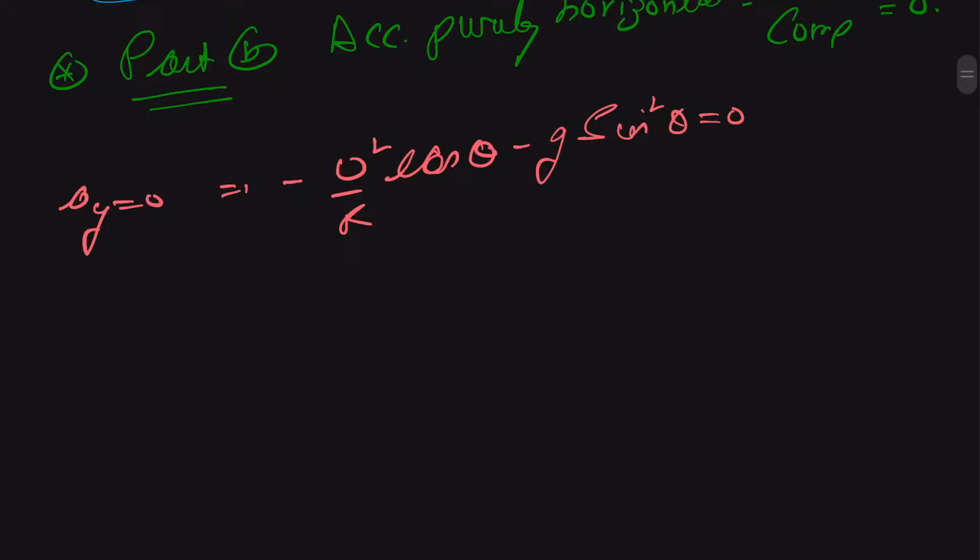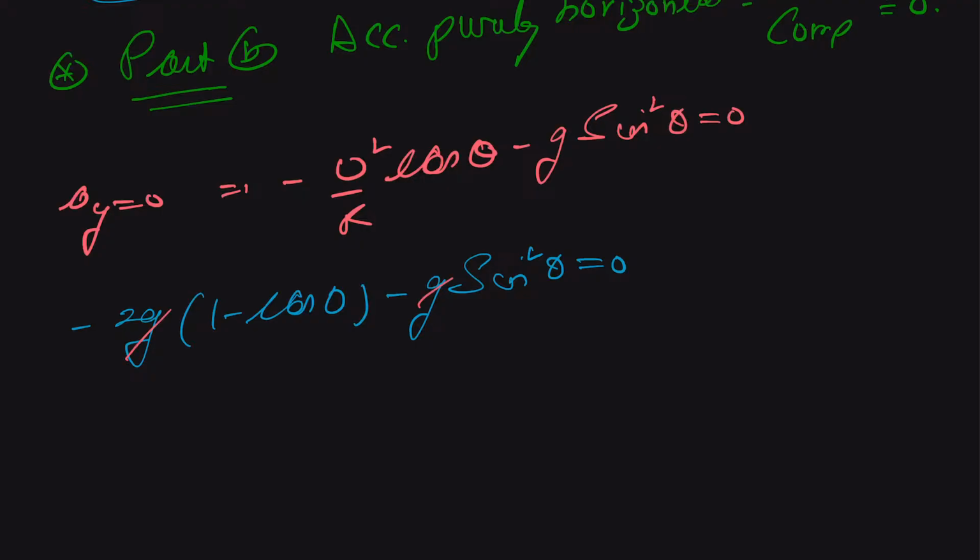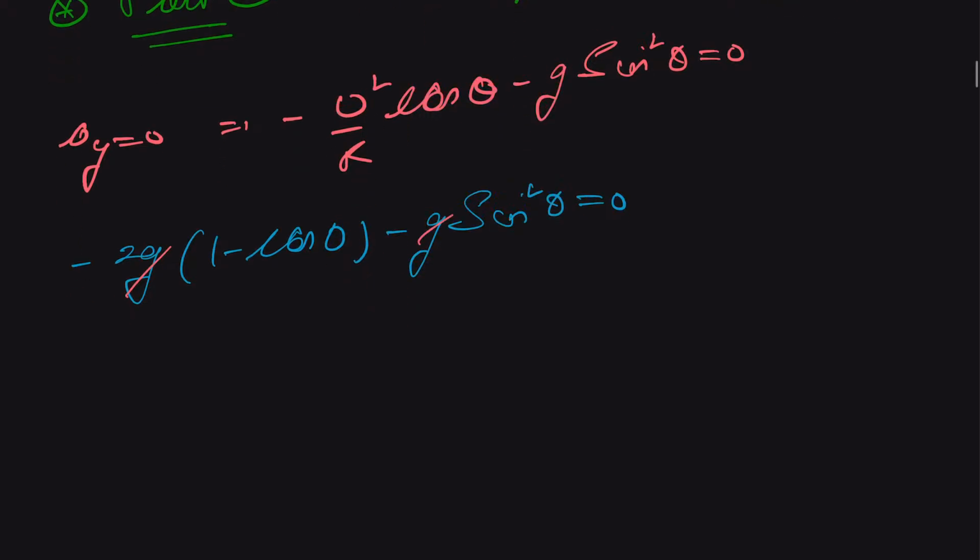Substituting here, we get minus 2g (1 minus cos of theta) minus g sin square of theta equal to 0. And g we can cancel, because its value cannot be equal to 0.